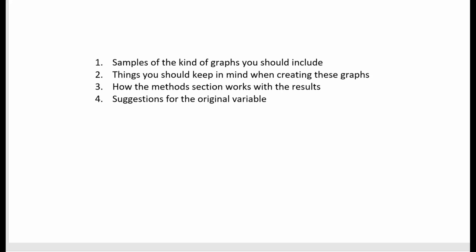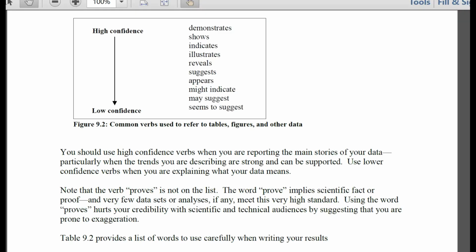So one thing that you might want to think about using could be some measures of how confidently writers talk about their results. So this is from chapter 9, where we have this list of verbs that writers use to indicate how confident they are. And words like proofs.